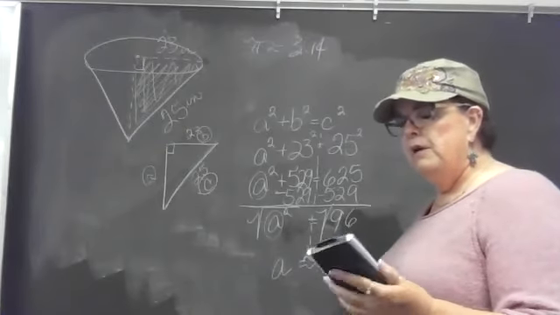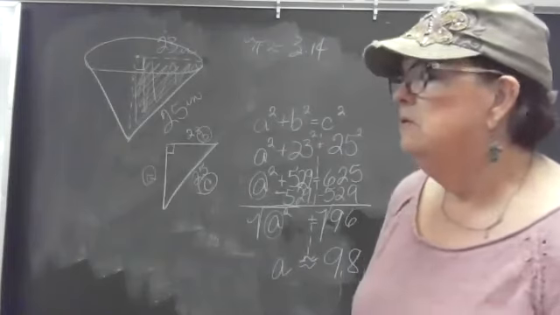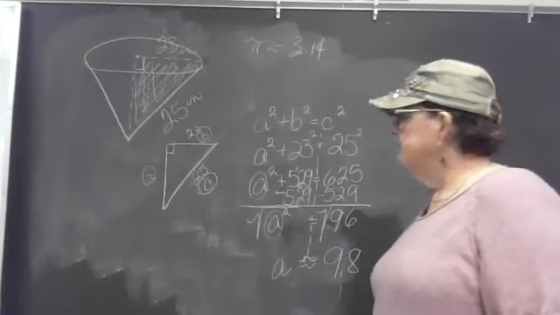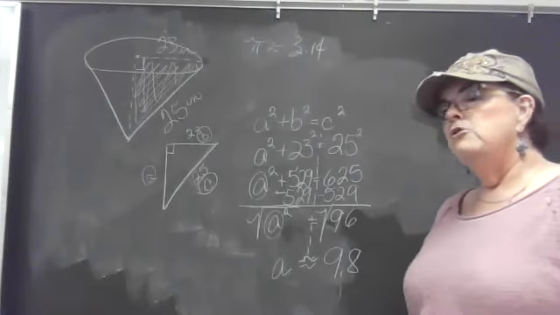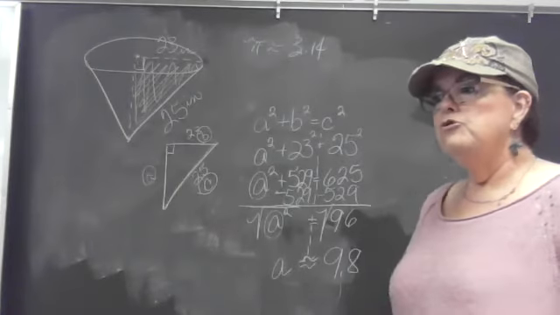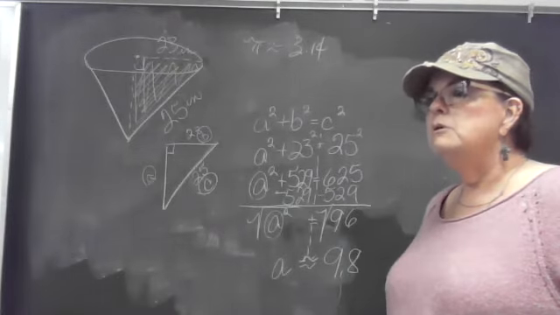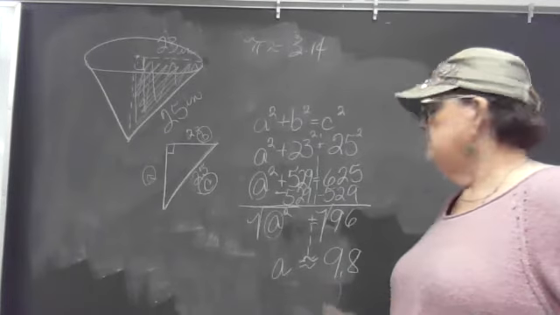Did y'all see how we got that? You find the square root of 96. And your calculator will say square root of 96 is the answer, but use your toggle switch down there above the enter. It's those arrows, and it will change it to a decimal.